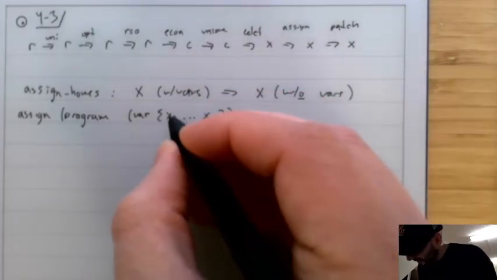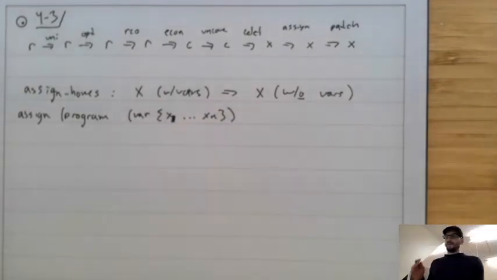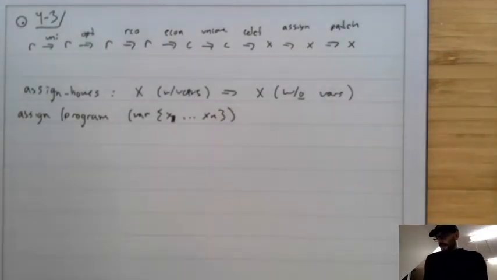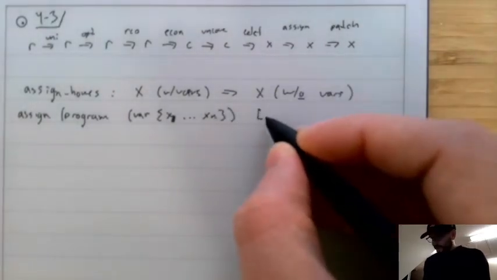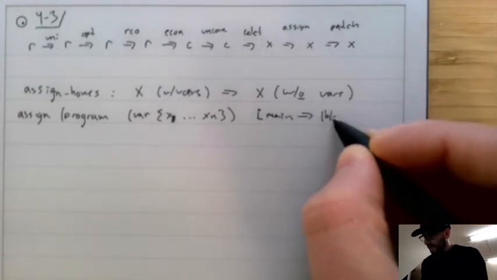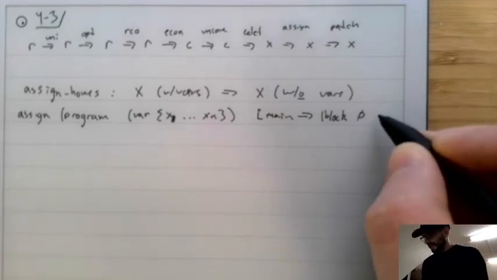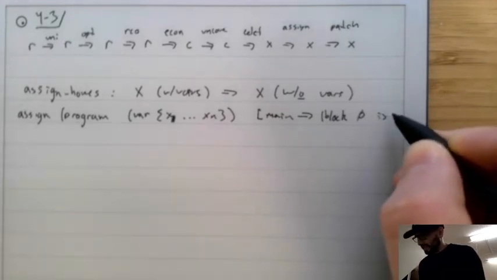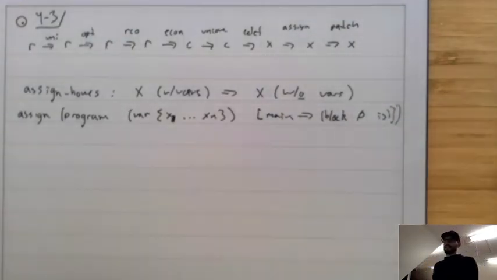Actually, let's call it x1 through xn, just so that I won't have an off by one error, because we're going to look at the total number of them. Then we have our main function, which is a mapping to a block that has no info, and then it has its instructions, which we'll call is. All right, so that's what assign is given.